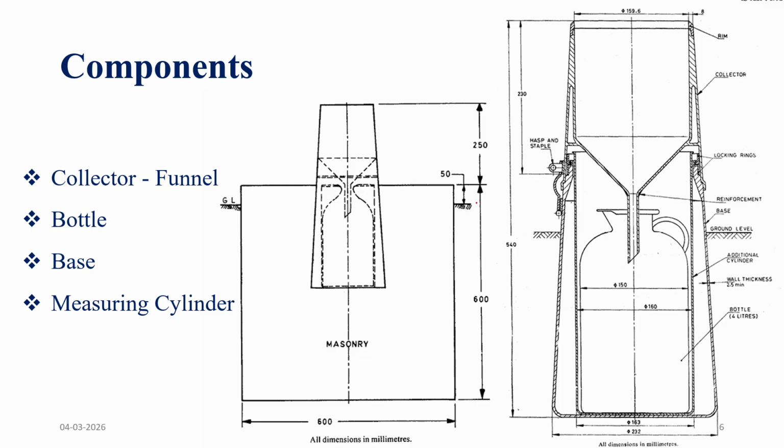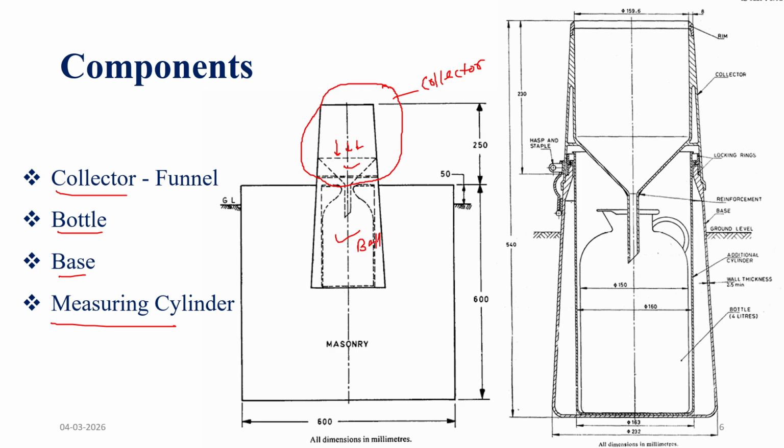There are various spare parts of our rain gauge, but here we will mainly focus on the collector, bottle, base, and measuring cylinder. The topmost part of the rain gauge is called the collector. When the precipitation or rainfall is intercepted in the collector, the rainfall goes through this funnel and through an outlet pipe it discharges into the bottle.